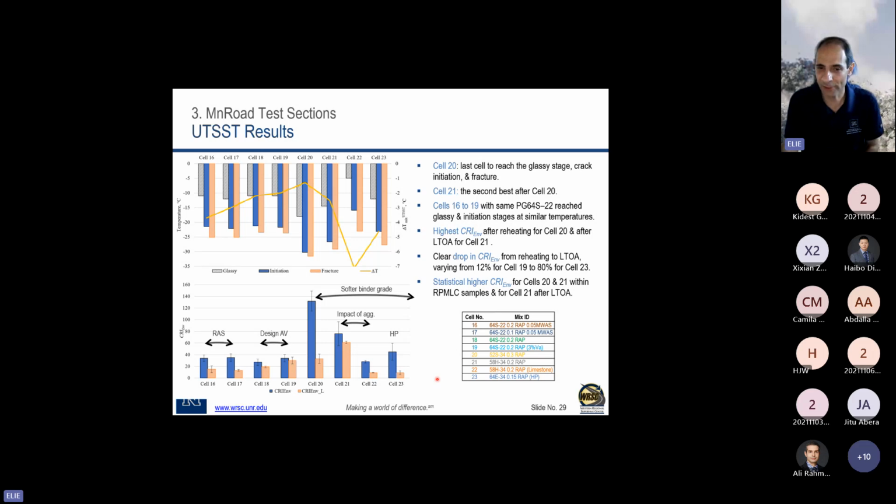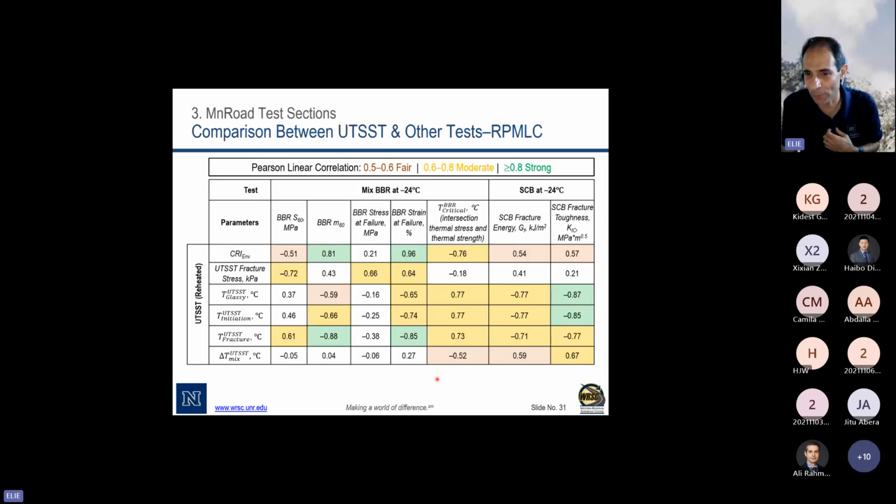Okay, very good. Now you may think, well, this is great, but how does it correlate to the field performance? Before we get there, I want to show you the correlation of the UTSST test with the mixed BBR and the SCB. The mixed BBR is more about stiffness and strain tolerance.